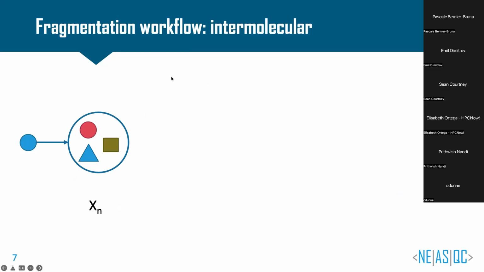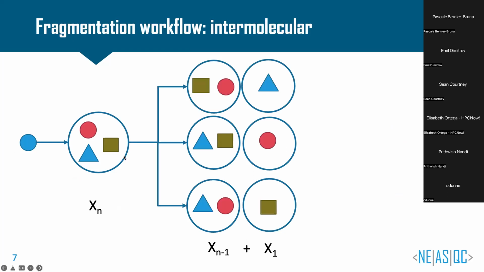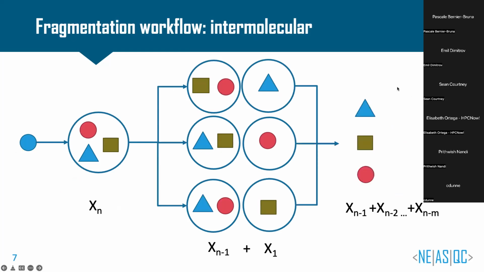So in terms of the intermolecular fragmentation, the idea is that Kraken, for a set of molecules, analyzes the molecules, identifies each cluster, and then provides a fragmentation, which is a generation of subclusters until you have the full isolated molecules.